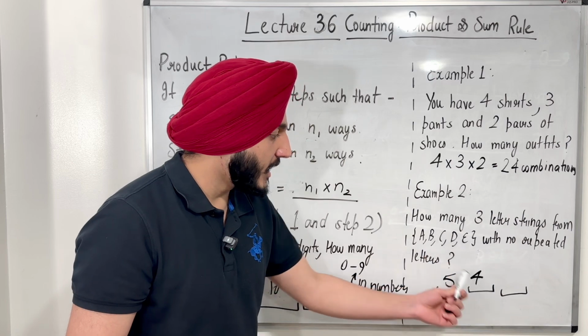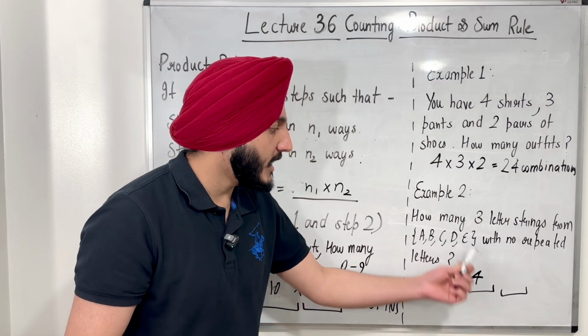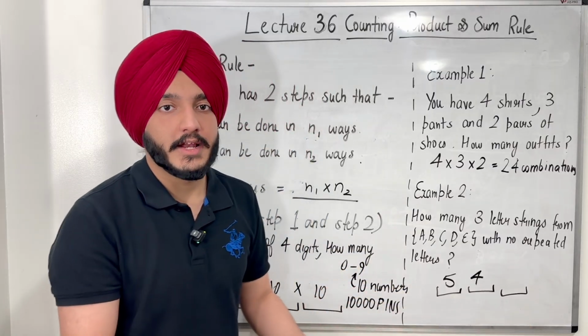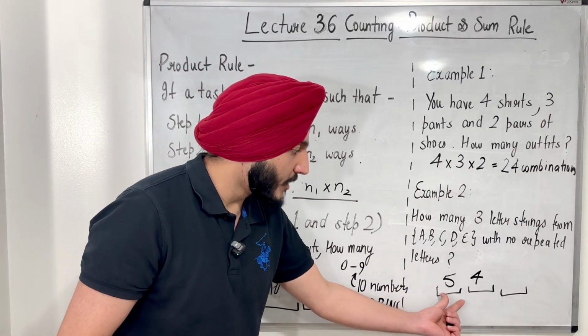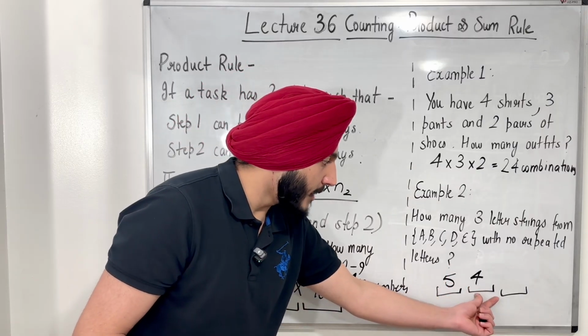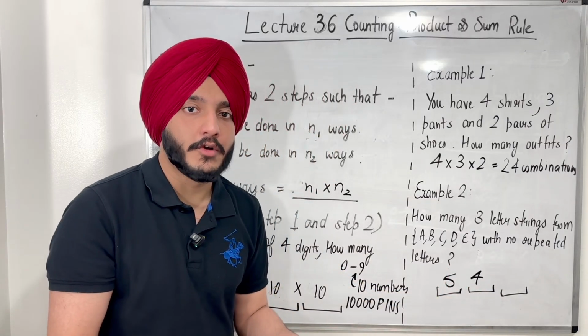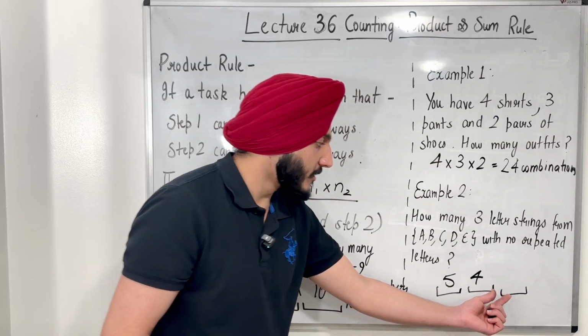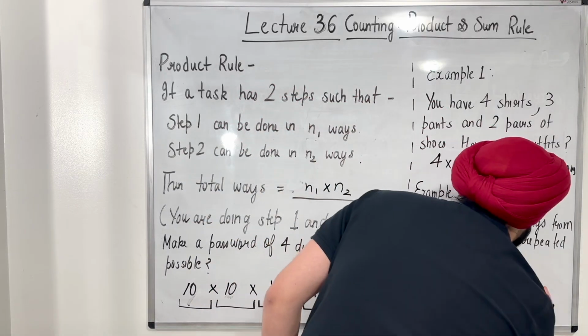If I used B in the second time, I would have only C, D, E. So I cannot repeat any letters. For the first time, I have 5 possibilities. Second time, I have already used a letter, so I cannot use it again, which means I have only 4 possibilities. And in the third time, I would have 3.